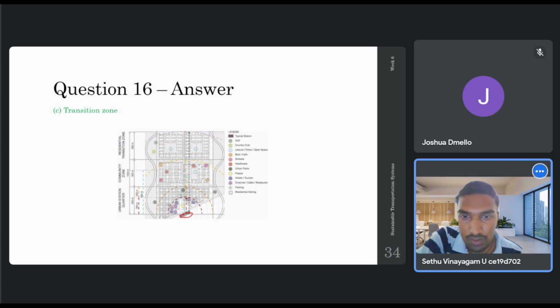As we can see from the figure given here, near the station, that is in the station area, if you look at the different types of land uses, these white boxes represent the residential buildings, right?